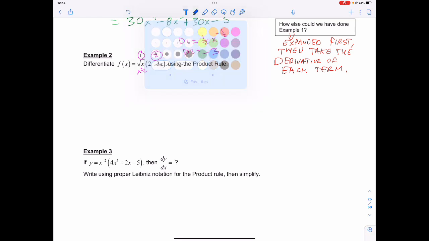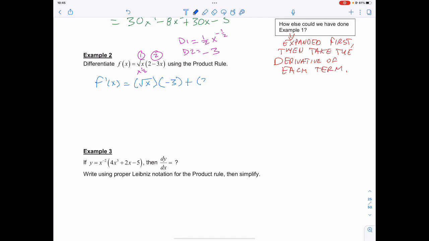So now I'm going to use that and say that f prime of x is going to equal factor 1, square root of x, times d2, which is negative 3, plus factor 2, 2 minus 3x, times d1, which is 1 over 2, x to the negative 1 over 2.